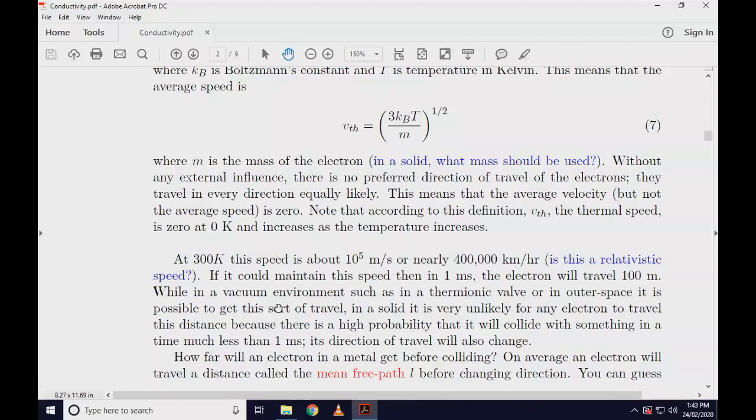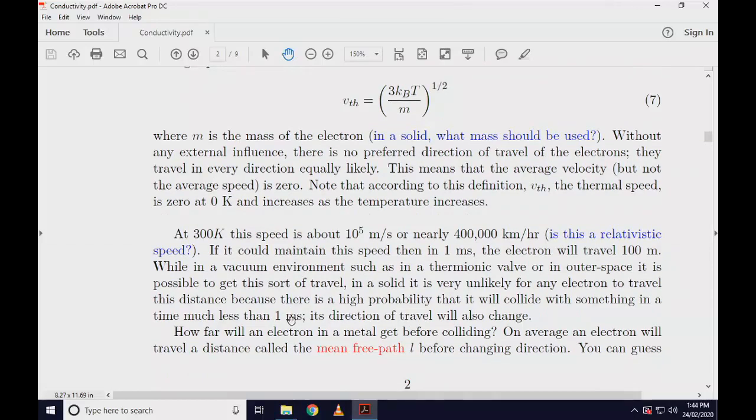Okay, so in a vacuum, if I have these electrons at 300 Kelvin, there is no lattice and there's hardly anything in the space except a few electrons, then in 1 millisecond this electron will travel on average 100 meters. Yeah? Inside a conductor this can't happen because it'll run into the lattice, and so the time between collisions is likely to be less than a millisecond.